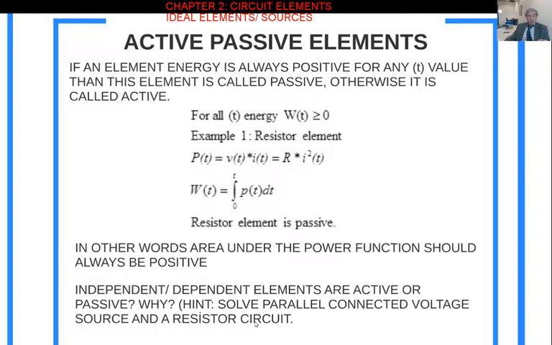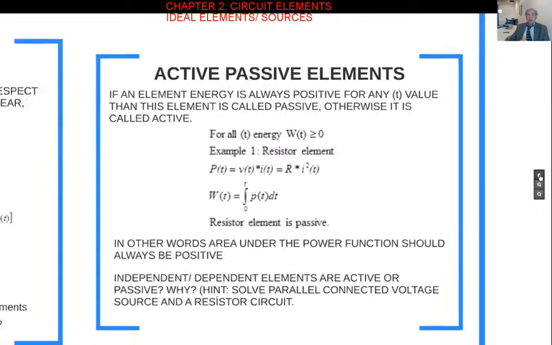In general we could say that all the independent sources are active elements. Dependent sources, it depends: sometimes they become active, sometimes passive, depending on the circuit they are connected to. So you cannot generalize it as always active or always passive.